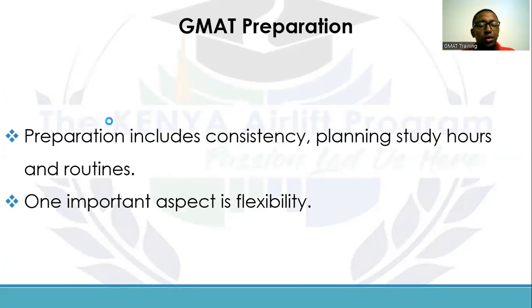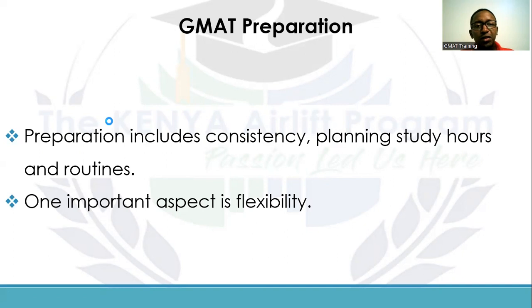First of all, we know that preparation needs consistency, planning, study hours, and routines. This means that if you are studying for GMAT, you need to set aside some specific hours for study, and this means that you have to go hand in hand with the other things that are happening in your life.